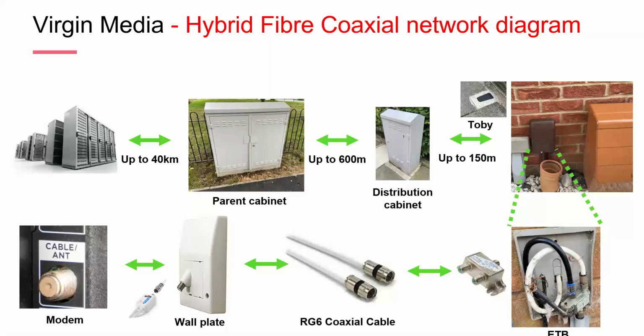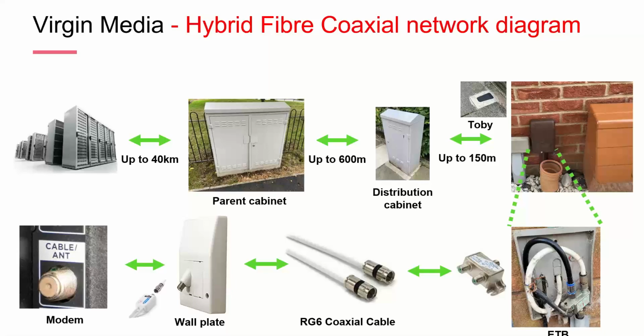From that point, you have the box on the outside of the wall, and then you have a coaxial cable going in, and then there's two connections coming out of that. You only need one of them, but it means that you can have something to another room, and then it goes to an RG6 coaxial cable that goes into a wall plate inside the property that you then connect the cable modem to.